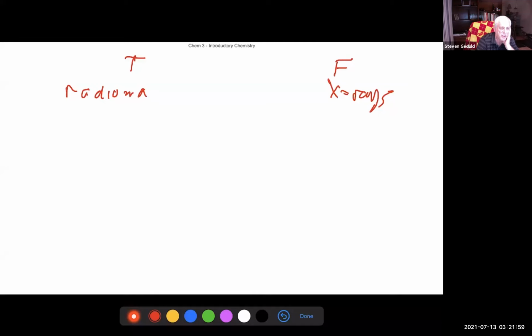Solar rays include visible light, ultraviolet light, infrared, radio waves, X-rays, and gamma rays. All of that is included from the sun. So the sun gives you a bunch of different types of electromagnetic radiation. So that's true. That's where you get sunburns, things like that, from the UV light.